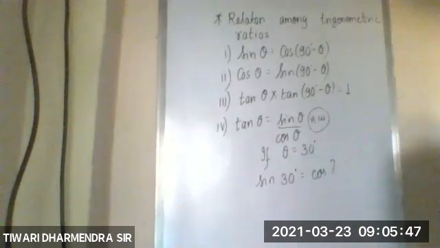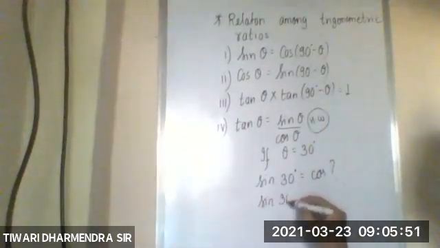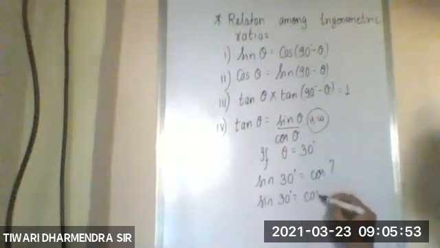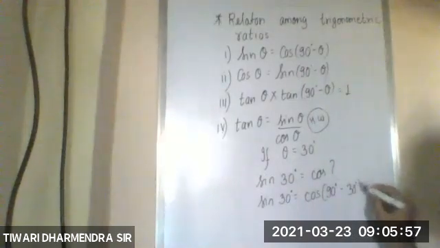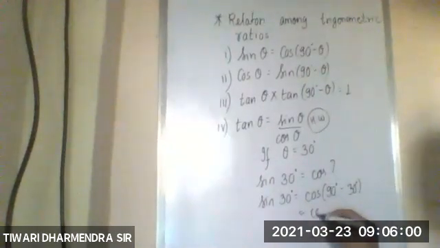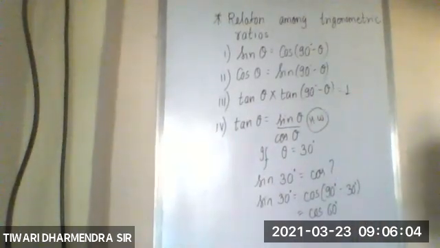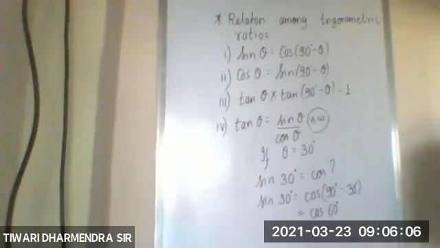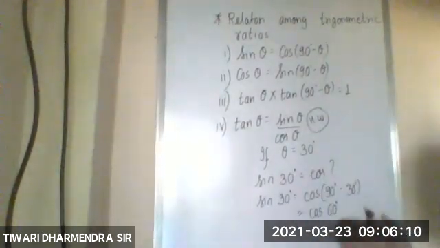Yeah, it's very simple. According to this rule, sine 30 degrees is equal to cos of 90 degrees minus 30 degrees, which is nothing but cos of 60 degrees. Yes, very true. This is correct. As you can see, sine 30 is equal to cos 60.